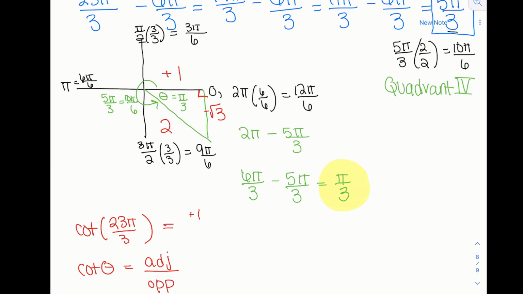So that would be a 1 over negative square root of 3. So that's the answer. Or if you wanted to rationalize the denominator, you can multiply the top and bottom by square root of 3. So that's also square root of 3 over negative 3.